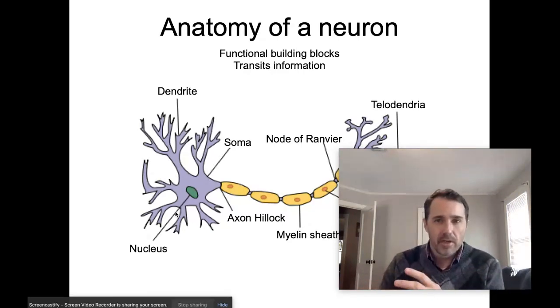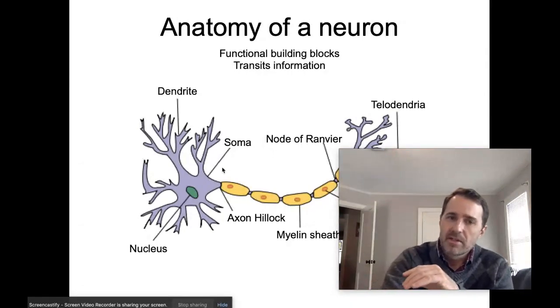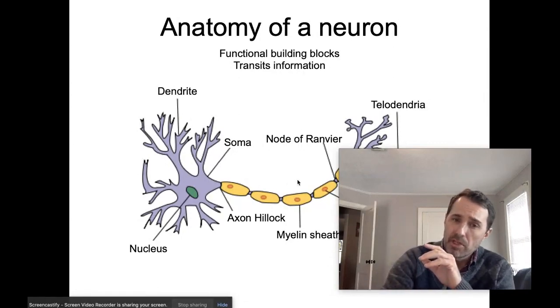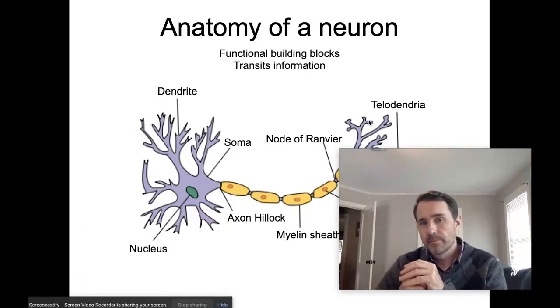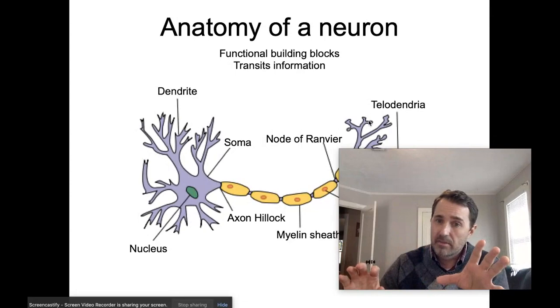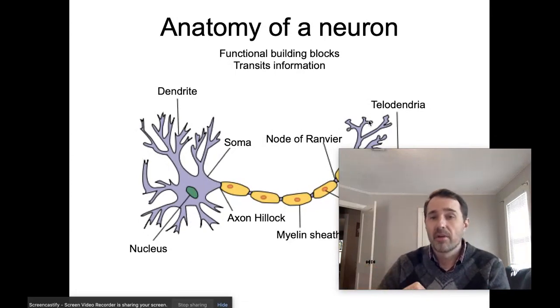And if that neuron decides that it is going to pass that electrical signal on, then the electrical signal is sent down along the axon, which is this long projection that comes off of the cell body. And the axon of that neuron is going to attach to the dendrites of other neurons.